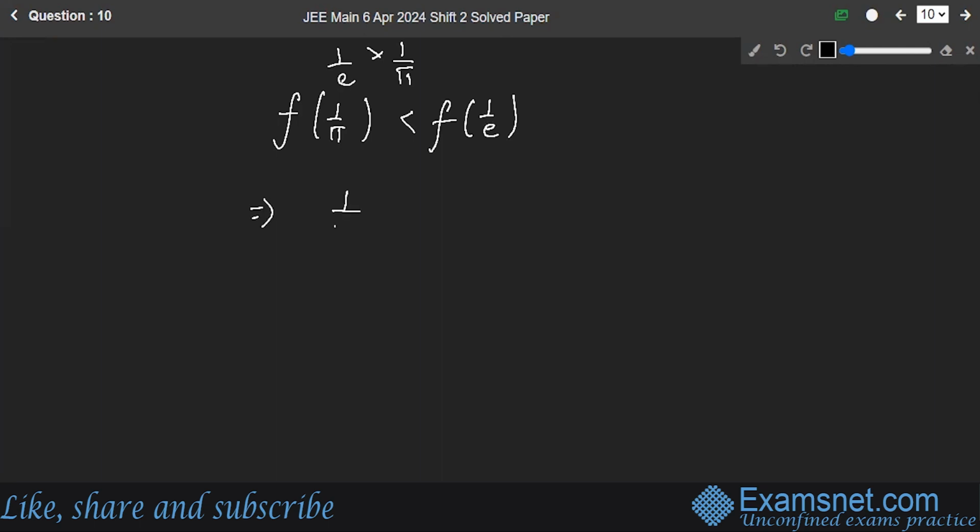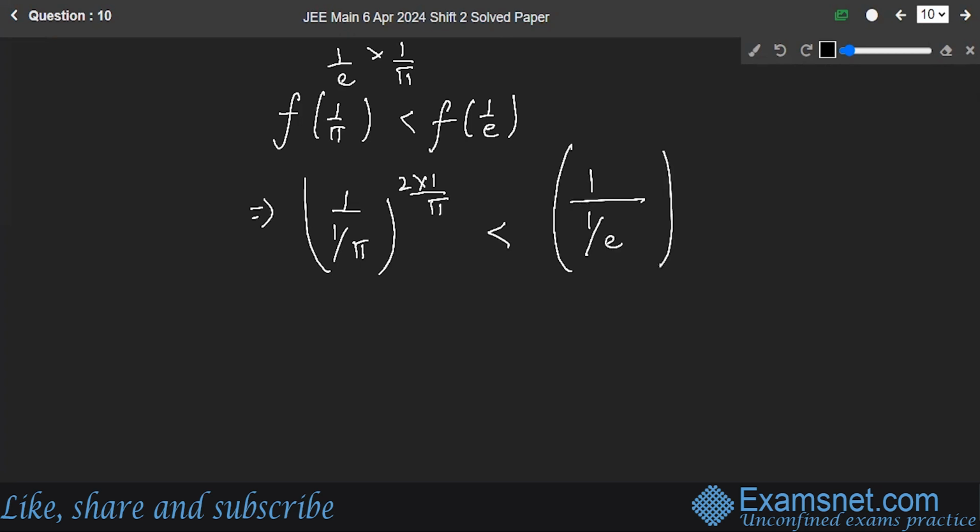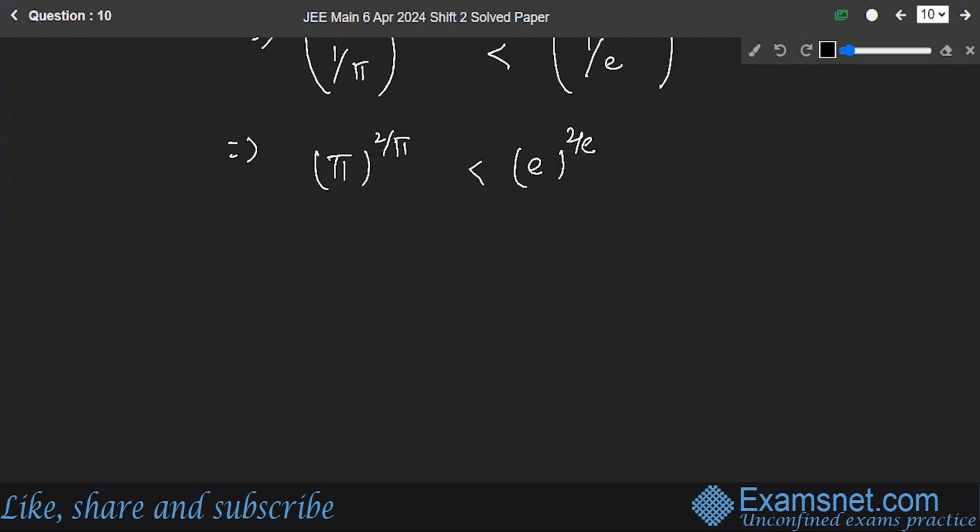This is equal to 1 upon 1 by pi raised to power 2x, so this is 2 into 1 upon pi. This is less than 1 upon e raised to power 2 into 1 upon e. All right. This gives me pi raised to power 2 upon pi is less than or equal to e raised to power 2 upon e. Correct.